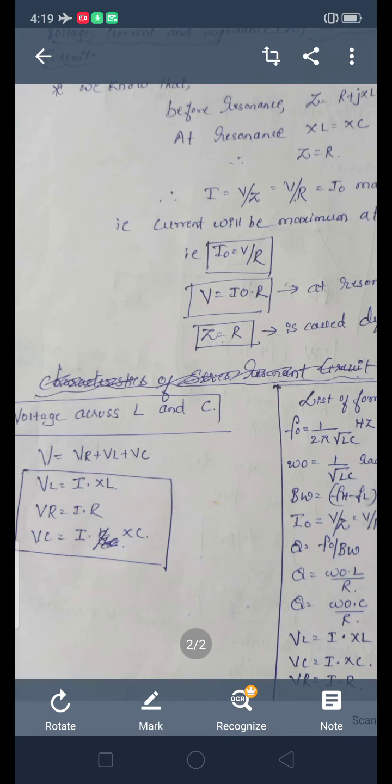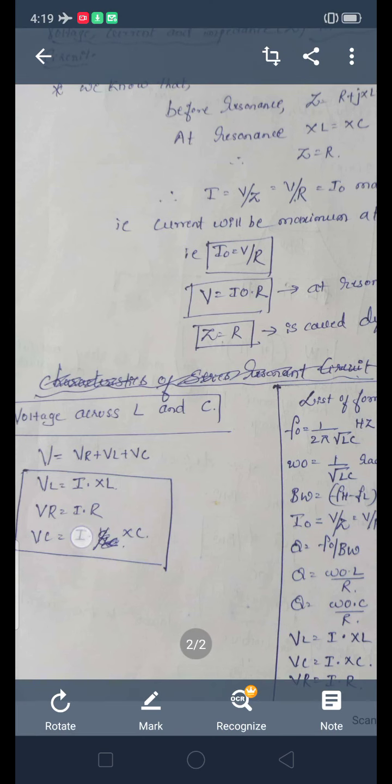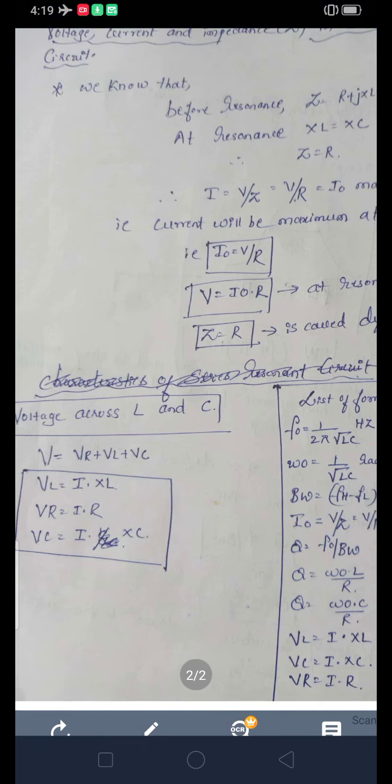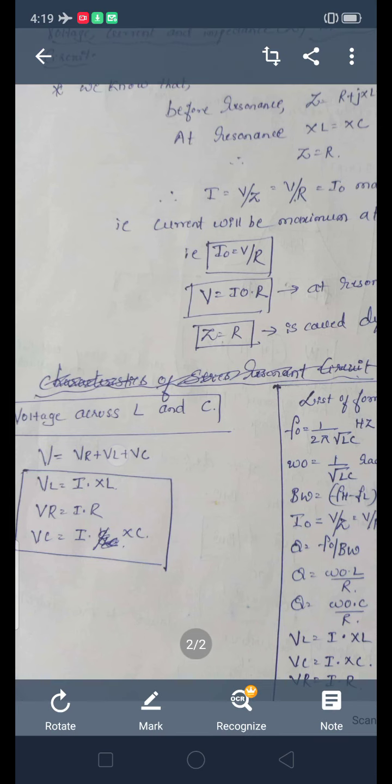Same thing for VC: current into its capacitive reactance, so VC is equal to I into XC. These are the voltages across R, L and C. These separate values may be asked in the calculations.